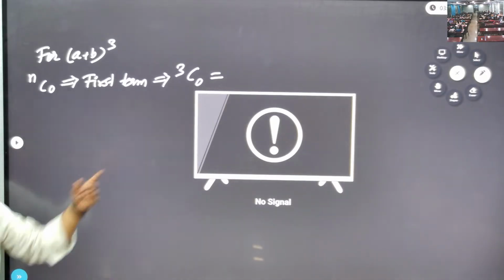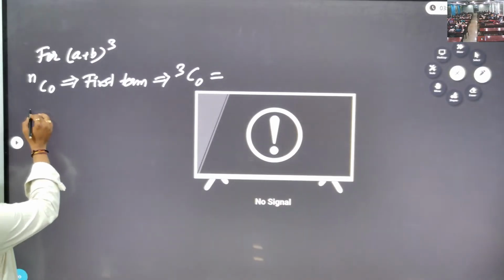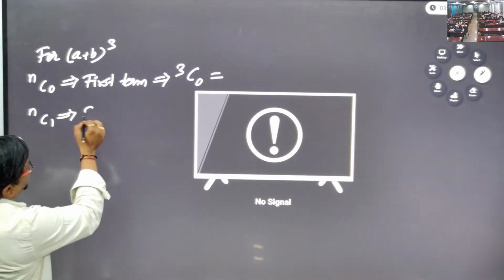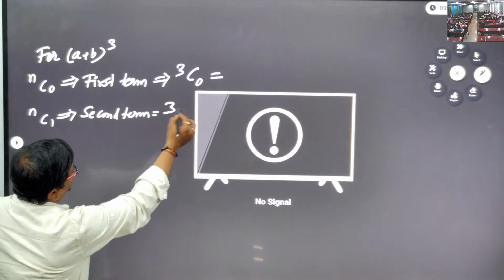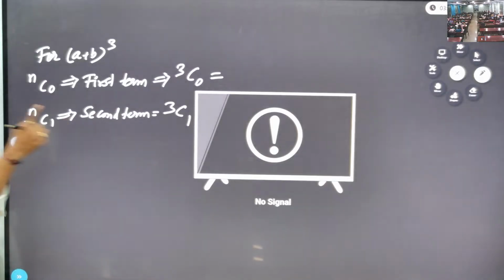Next line. For nC1, which is the second term, what is the value? 3C1. Calculate the value. It is 3 factorial by 2 factorial into 1 factorial, which gives us 3 into 2 factorial by 2 factorial, which is 3.